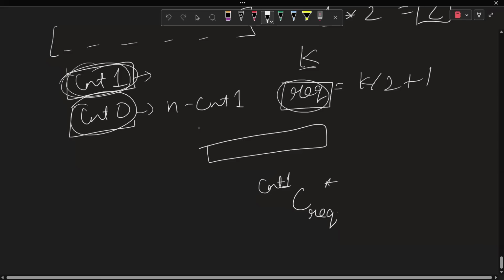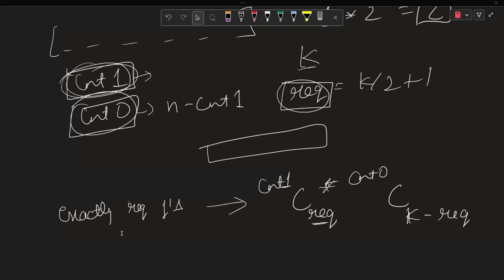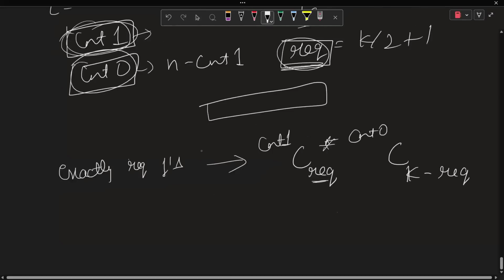Multiplied by the number of available zeros, which is count 0. And how many do we need to select? We have already got this much, so k minus required is the more that we need to have. This is the scenario for exactly required ones. So if you want to have exactly this many ones, this would be the number of ways.